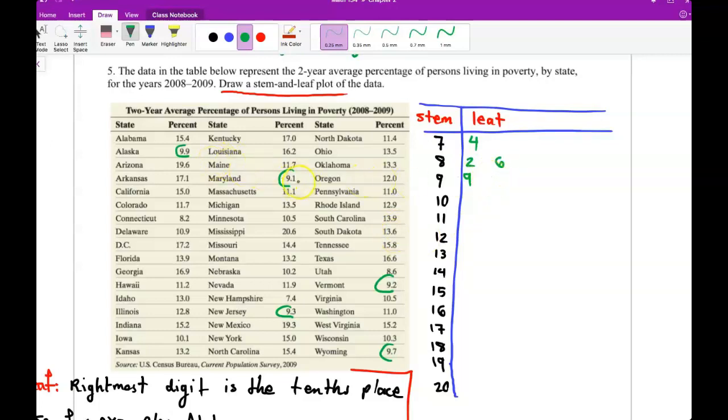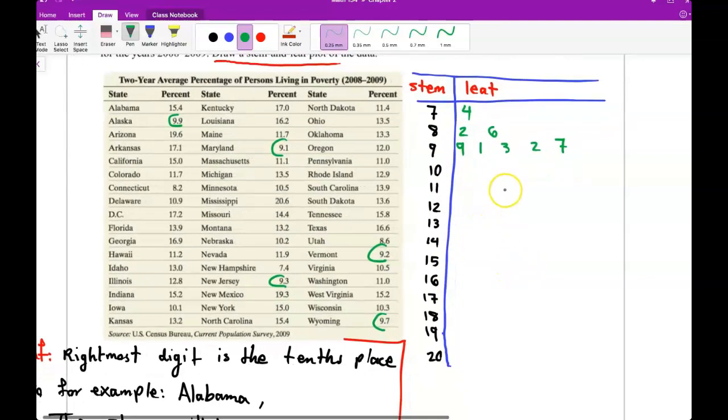So I have 1, 3, 2, 7. We usually should write these numbers in ascending order, but even if you didn't, that's fine. But later you should rearrange all these. So first I'm writing that way to show that we have to arrange them again.